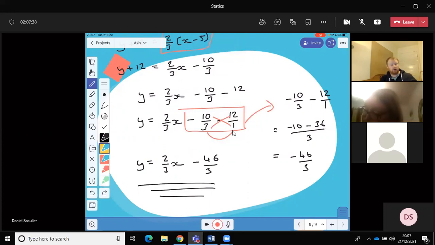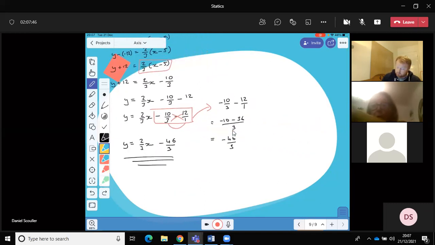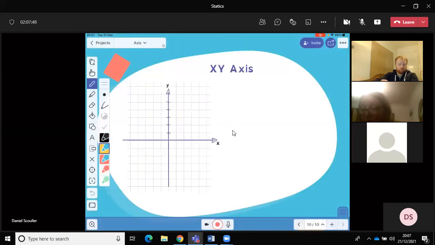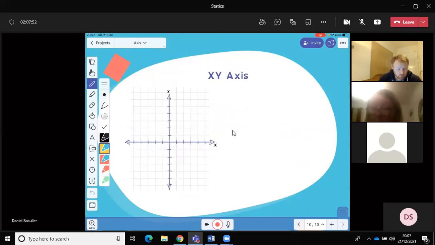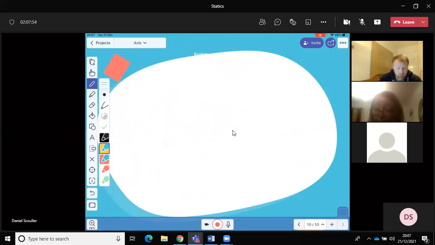Okay, let's try another one in the same vein. I'll actually just draw this out because it's weird coordinates.